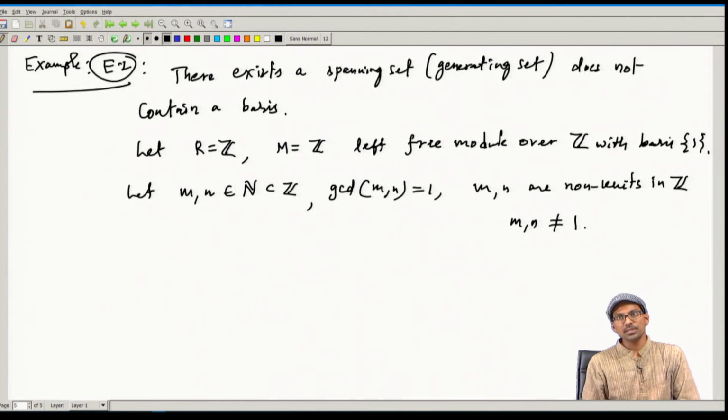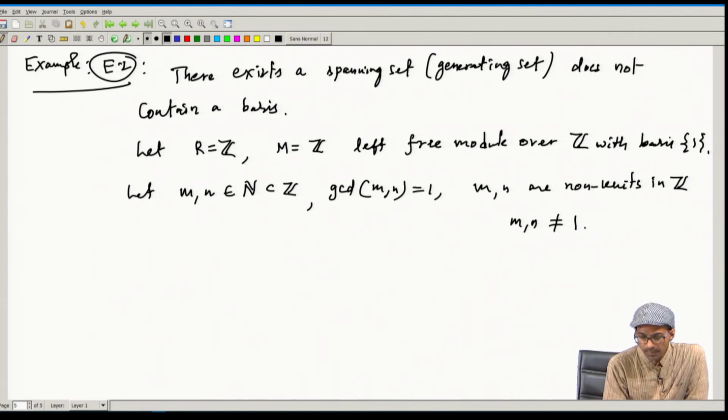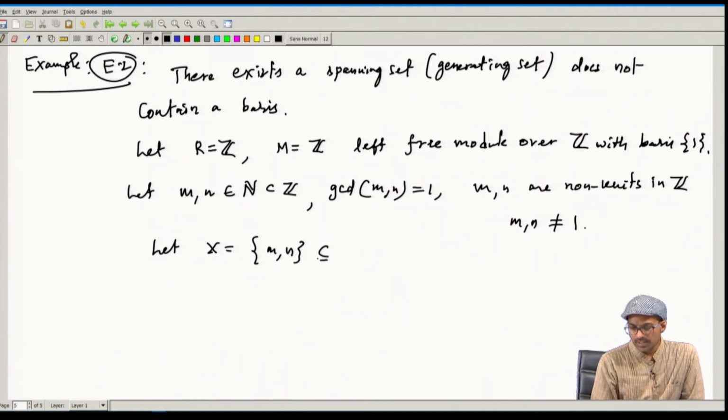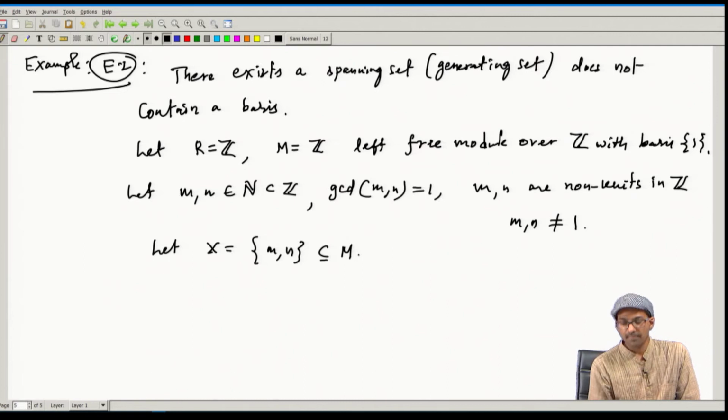Of course, they are positive integers, so they are not equal to minus 1. So, then GCD of m and n is 1. Now let me take X equal to {m, n}. Okay. So, this is a subset of M.